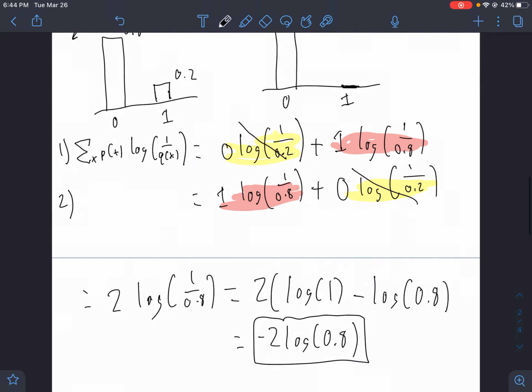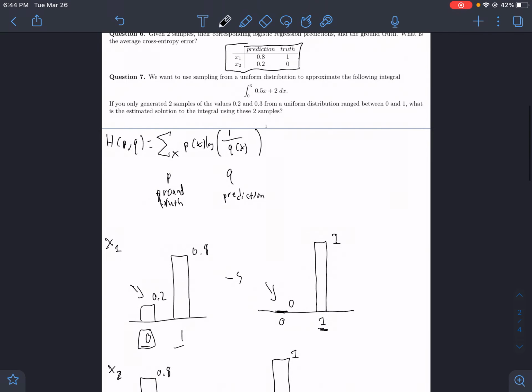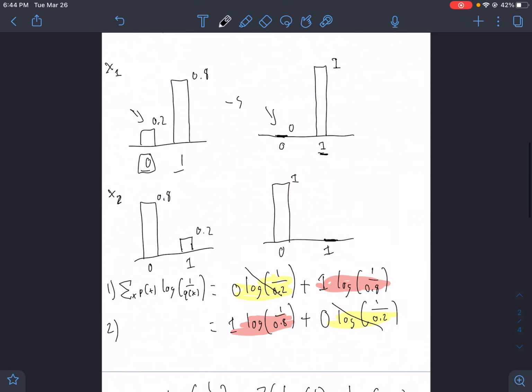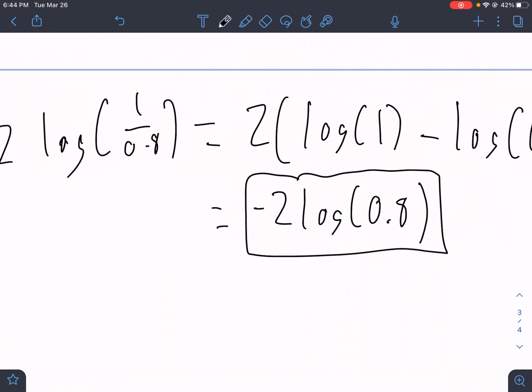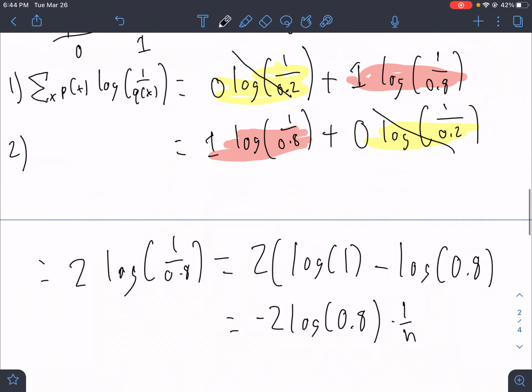All right, so that was this problem for average cross entropy error. Wait a minute. We need to multiply this by 1/2, I believe. Yes, that was not quite it. I forgot something.